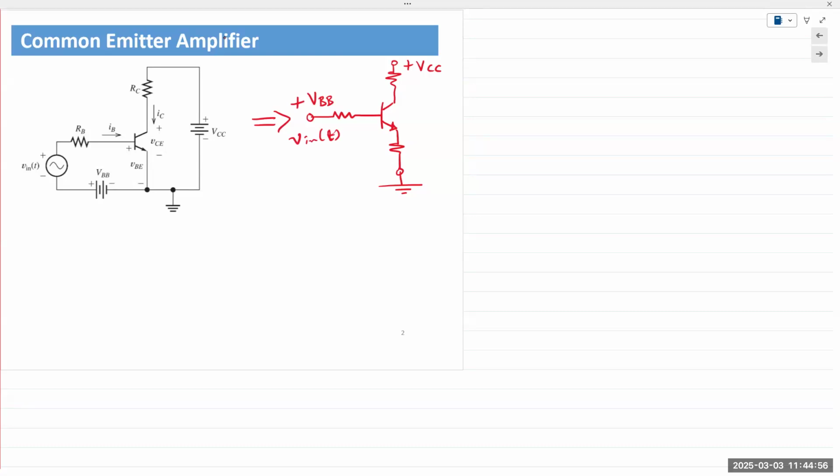Okay. And then you have RB, RC, and RE, three terminal resistors. The DC voltages that you apply, VCC, VBB, and VEE if you choose to, must bias the BJT operation in the active region.